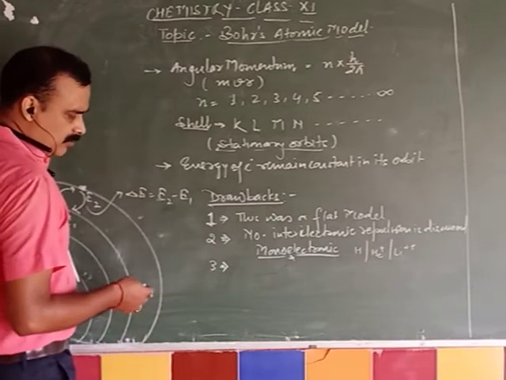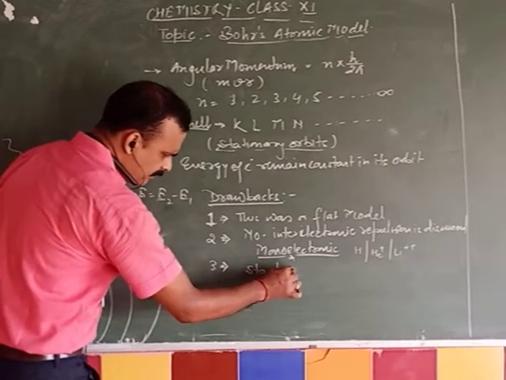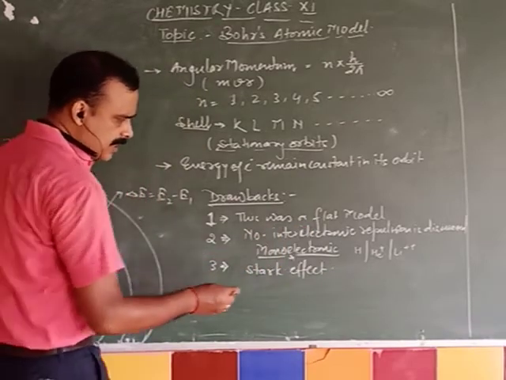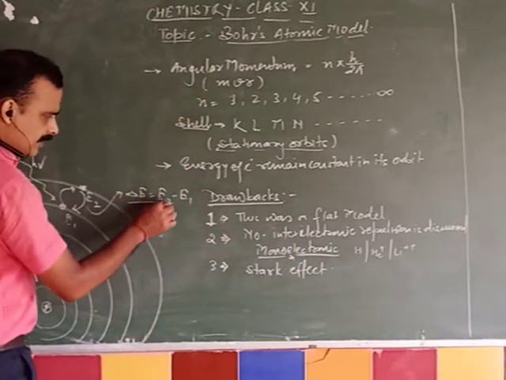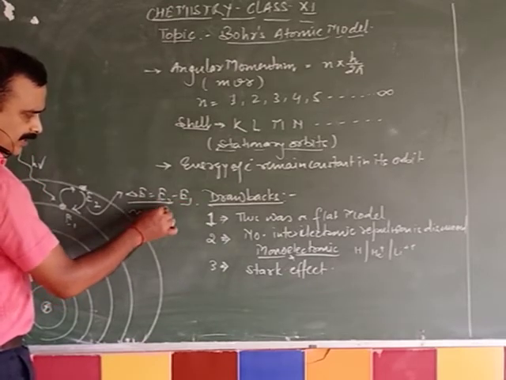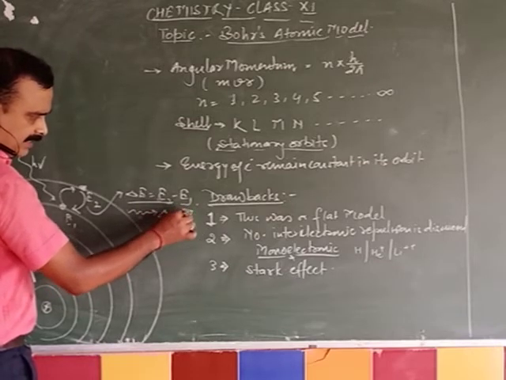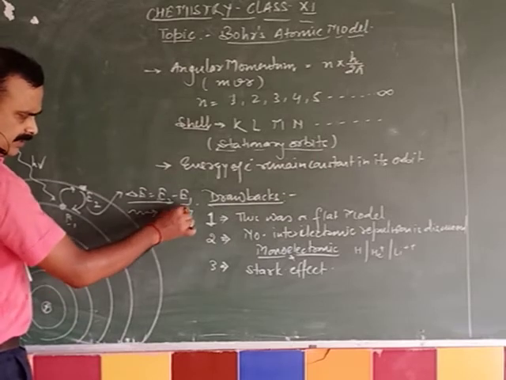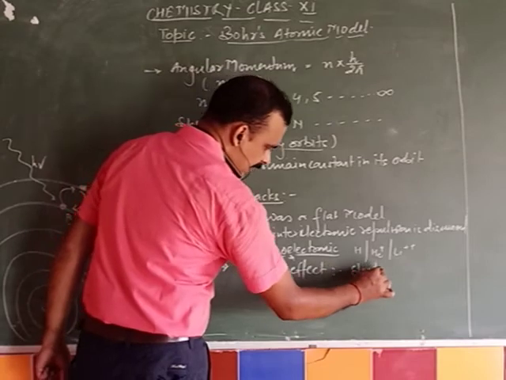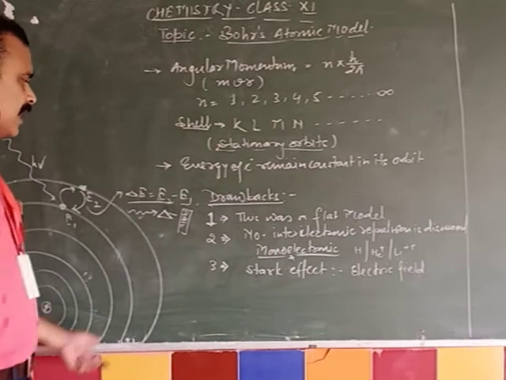This model could not explain the Stark effect. What is it? When an electron emits energy, it comes in the form of radiation, and if you have the spectrum, you can see several lines in it. When these lines are placed under an external electric field, they get split, and this effect is called the Stark effect.